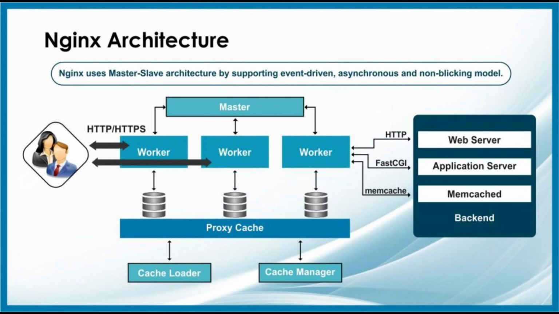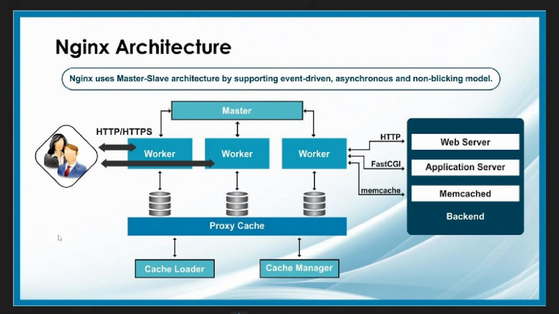So today we will discuss how Nginx works and how the architecture is designed, so that I can explain its components, how these components interact with each other and work. So let's start.